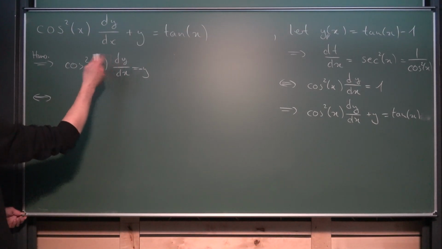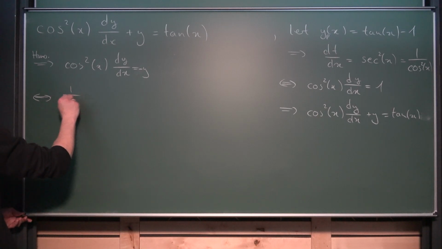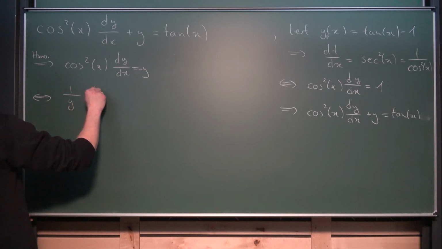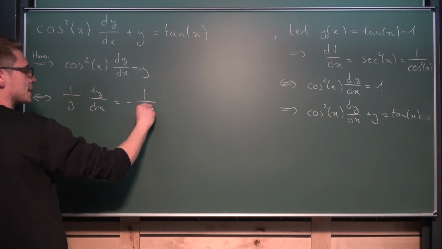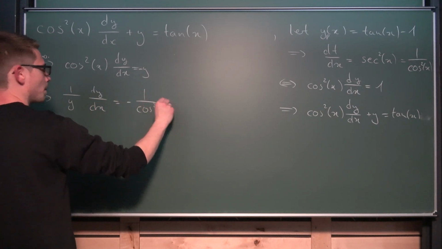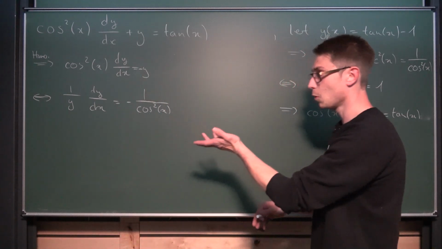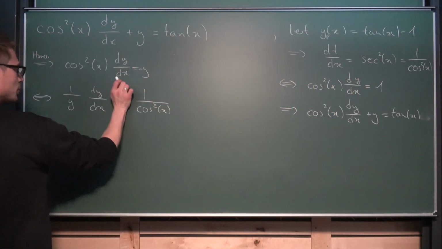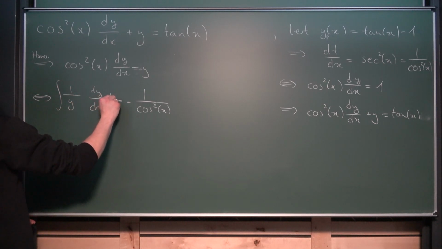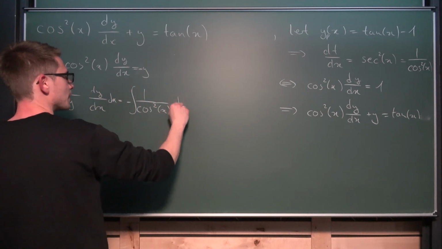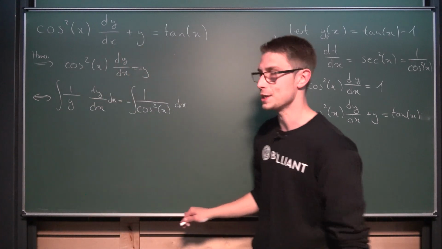Now we are going to do the divider stuff. We are going to get 1 divided by y times dy/dx is equal to -1 over the cosine squared of x. And now we are going to integrate both sides with respect to x, and then we are basically already done.